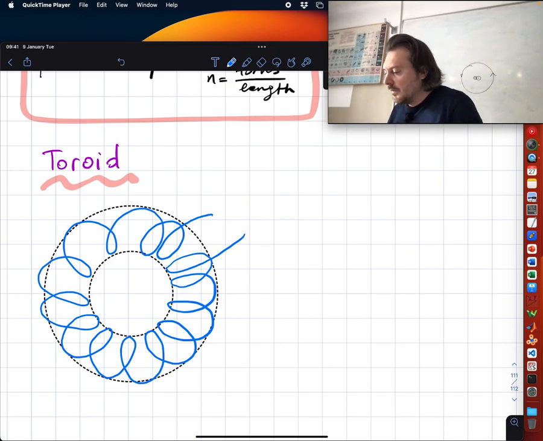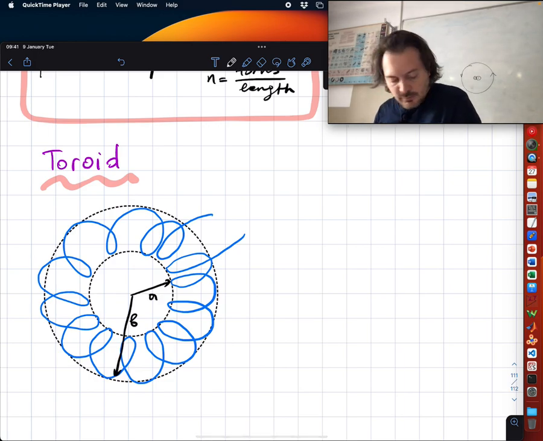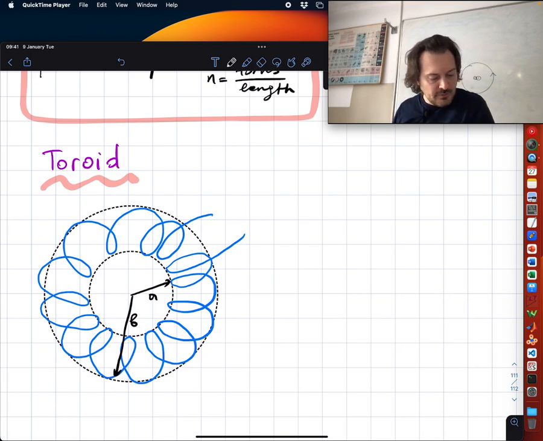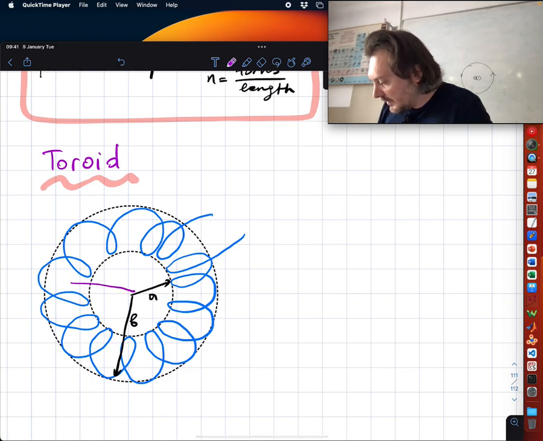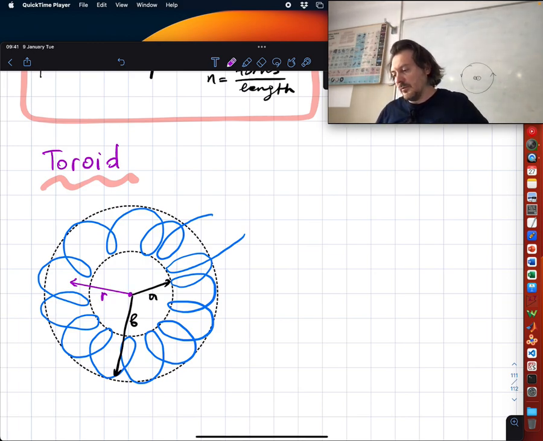So it has an inner radius A, outer radius B, and the question is, what is the magnetic field at a distance in between A and B? So I have some r here in between. What is the magnetic field at that point? Do you understand the question?